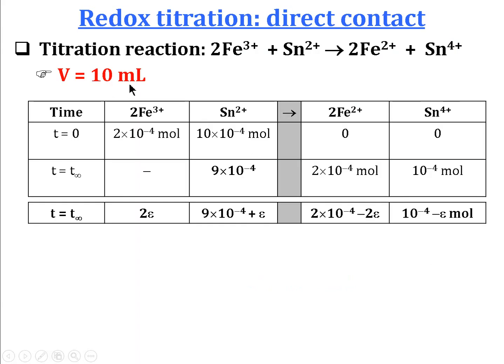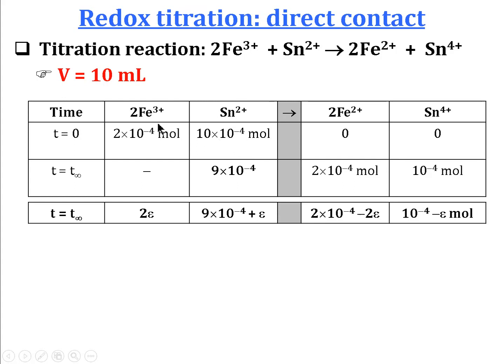So adding 10 ml of Fe3+, initially we have Sn2+ 10 times 10^-4 mole. Fe3+ added is 10 times 10^-3 times the concentration of Fe3+ initial, so we have 2 times 10^-4 mole. Fe3+ is limiting, will react completely. We have at t equal infinity 9 times 10^-4 mole of Sn2+ remained.